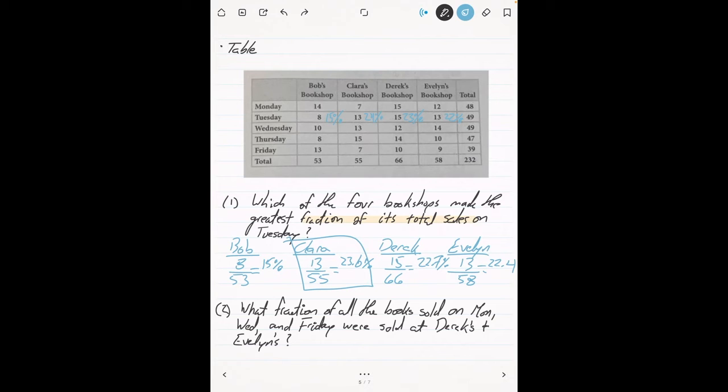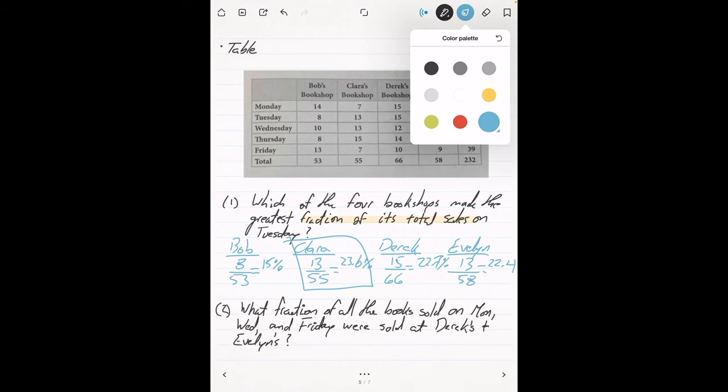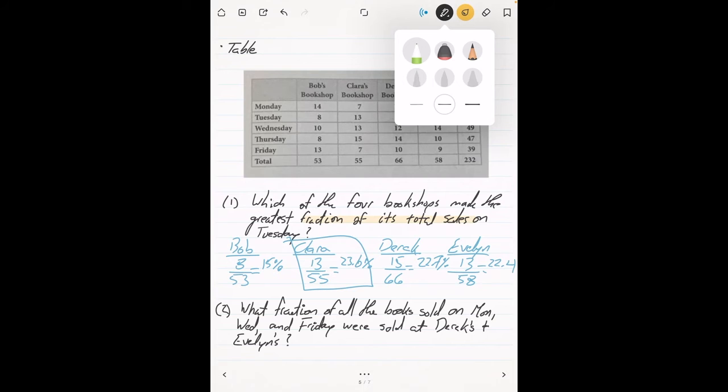Now let's take a look at the second problem here. What fraction of all the books sold on Monday, Wednesday, and Friday were sold at Derek's and Evelyn's? So let's get a little picture of what's going on here. We're asked to look at multiple days: Monday, Wednesday, and Friday.